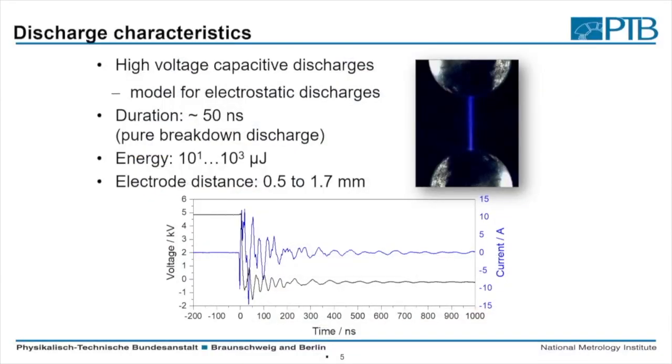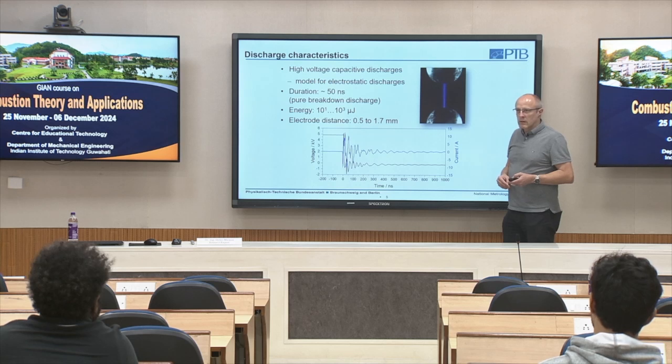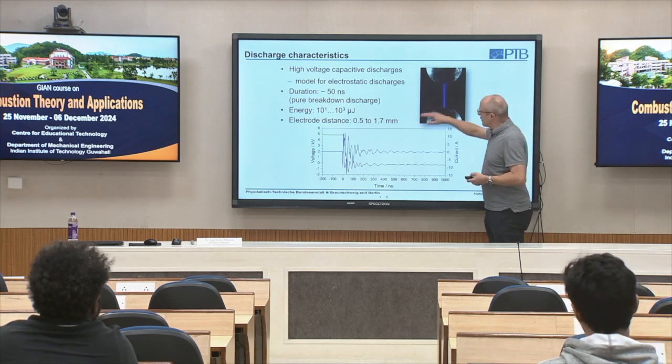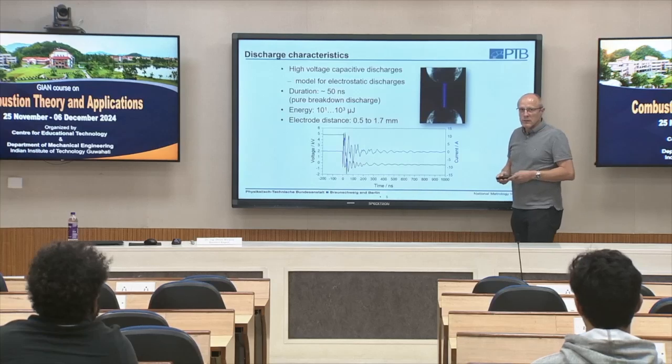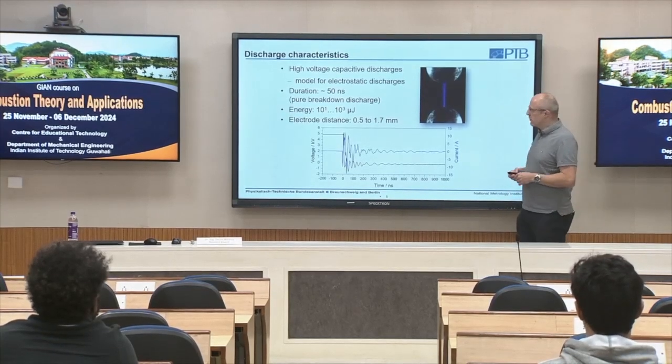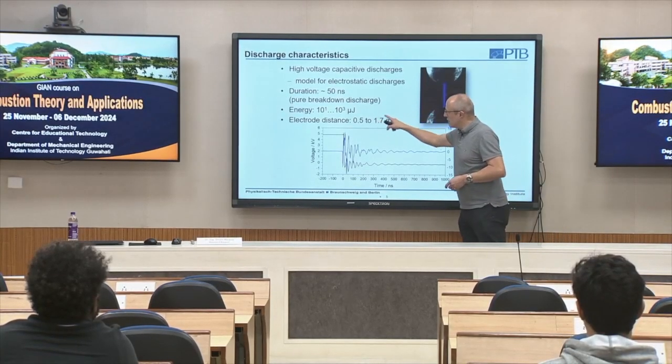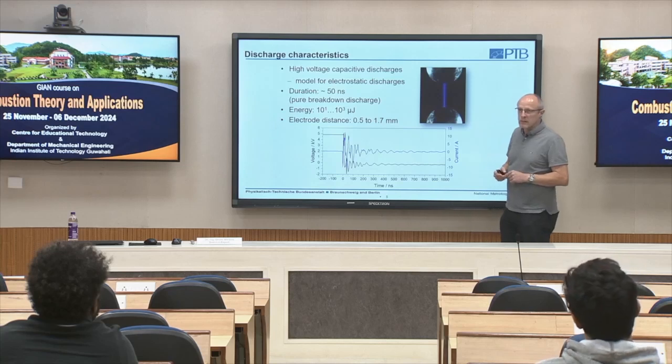However, if this is too small, we have, of course, cooling effects here. So there is maybe enough energy, but the flame cannot leave this area because it's cooled from the electrodes. So for gases where we need higher energy, we also have to increase the spark gap. So for propane, for example, we need 1.7 millimeters.